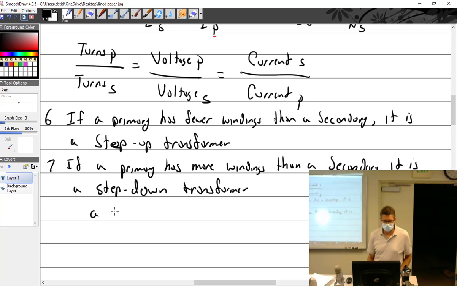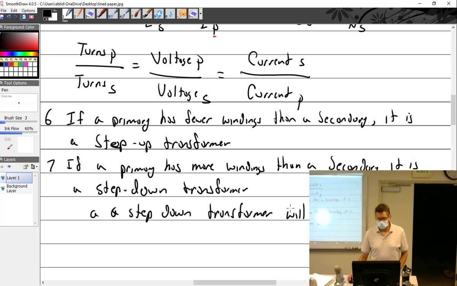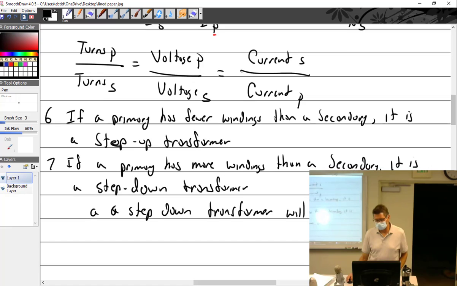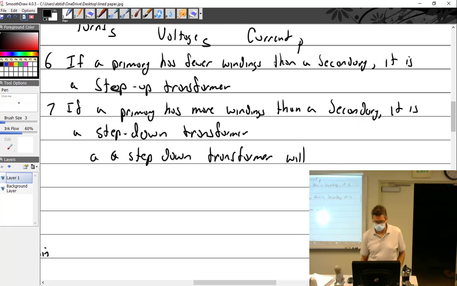And of course a step down will do what to the voltage? What will the step down do to the voltage? Increase or decrease? Decrease.